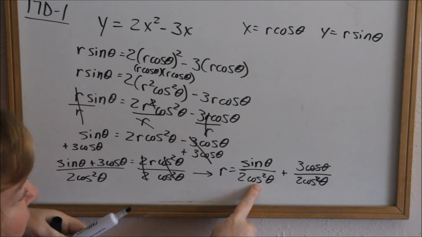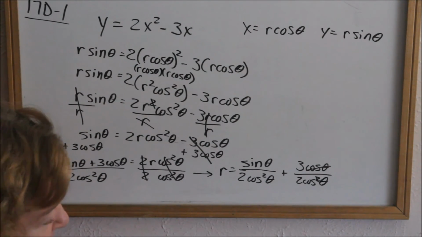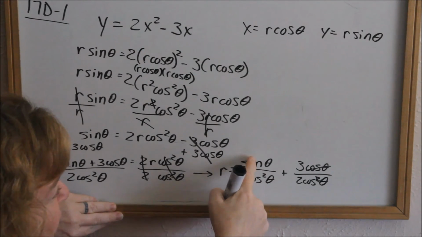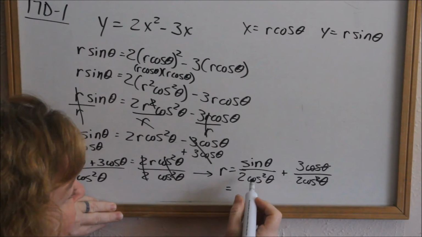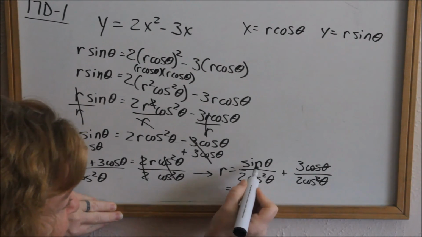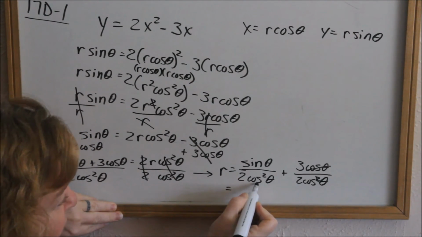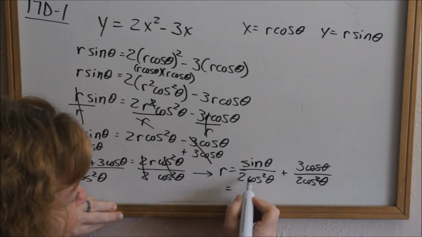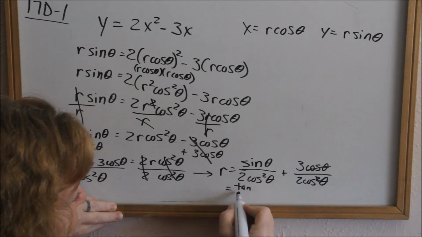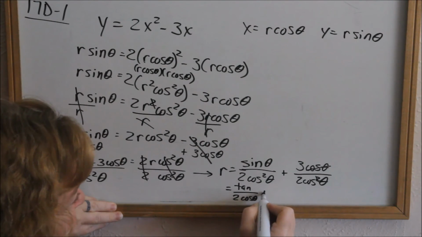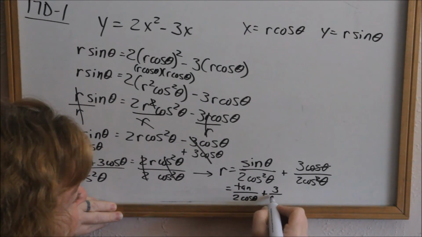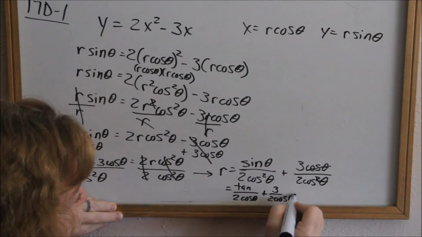And then over here, if I change this into a tangent, sine over cosine is a tangent, then using this sine and one of the cosines, that would be tangent. So I then have a tangent over 2, and then I would still have a cosine theta in the denominator. And over here I had 3 over 2 cosine theta.